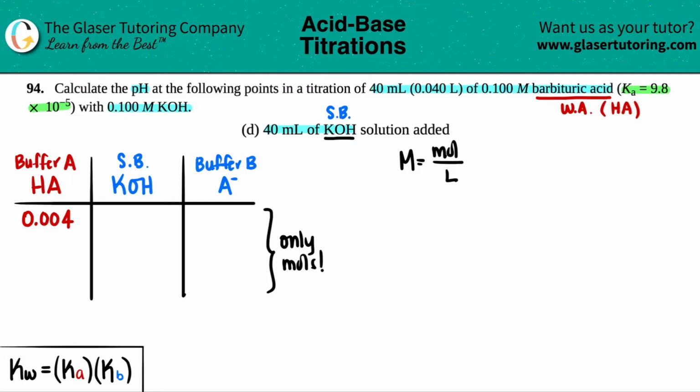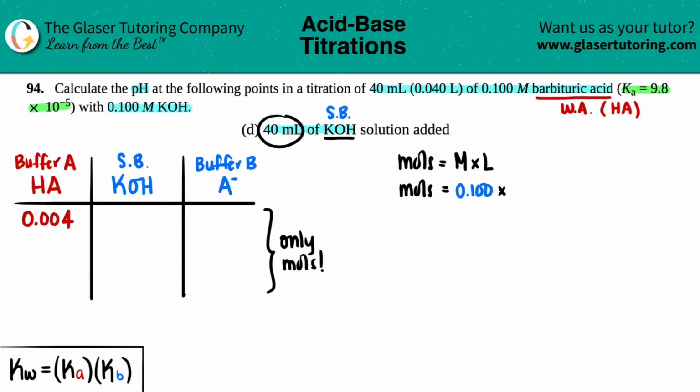They gave us milliliters, and then we can get the moles. If I rearrange this, it would be moles equals molarity times liters. That's just easier for the video, so I'm going to use this formula. So the moles of the strong base would equal the molarity of the strong base, 0.100, multiplied by the liters.